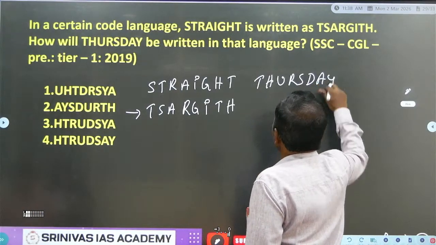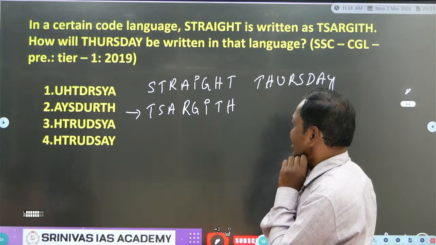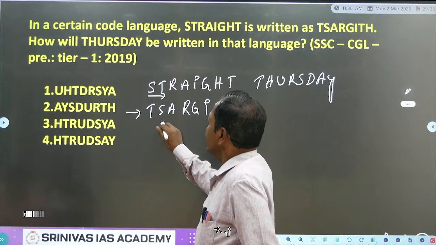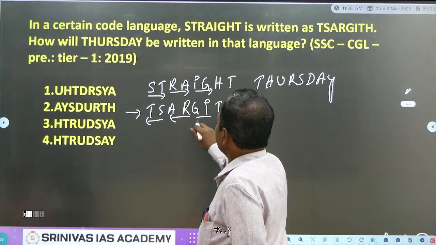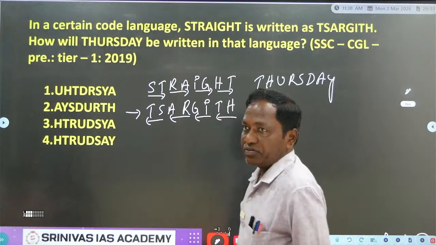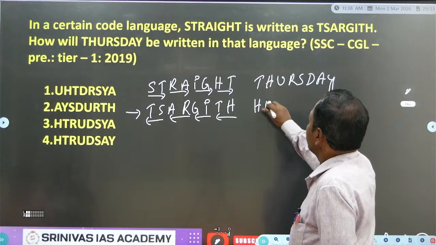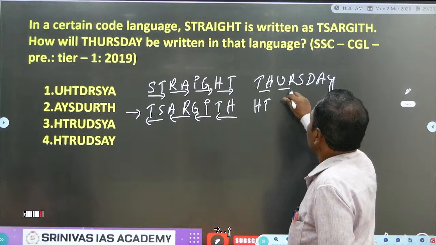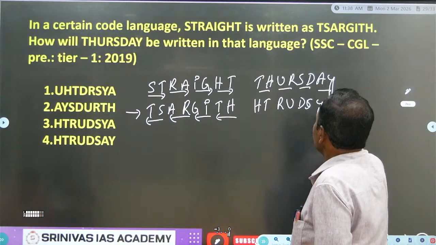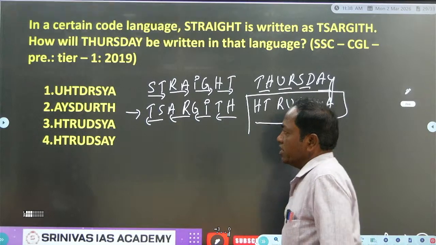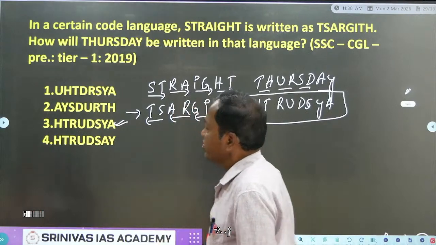If the same letters are possible, two letters are reversed, like ST becomes TS, and HT. Taking two letters reversed: HT, RU, SD, YA. HTRUDSYA. Option 3 is like that.